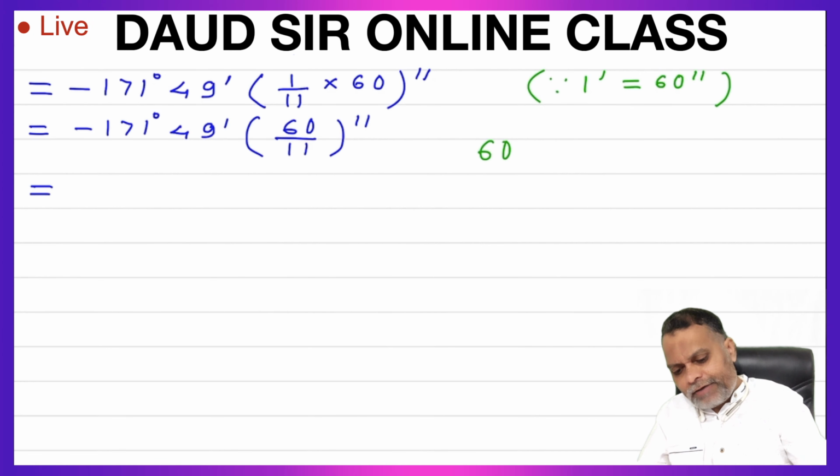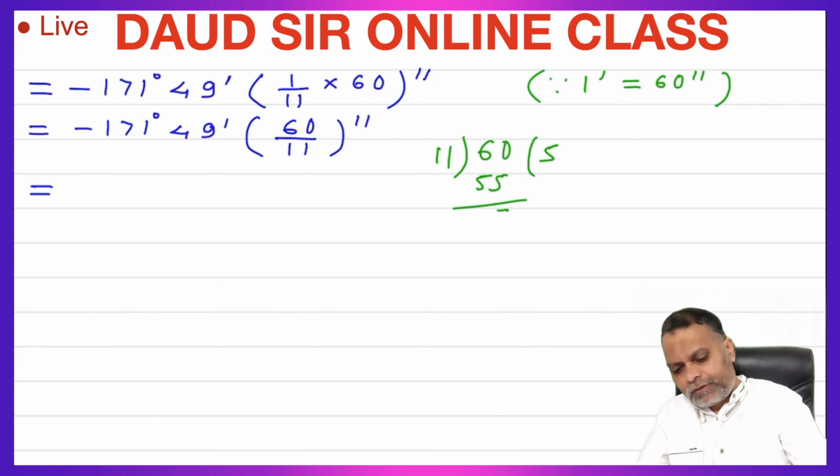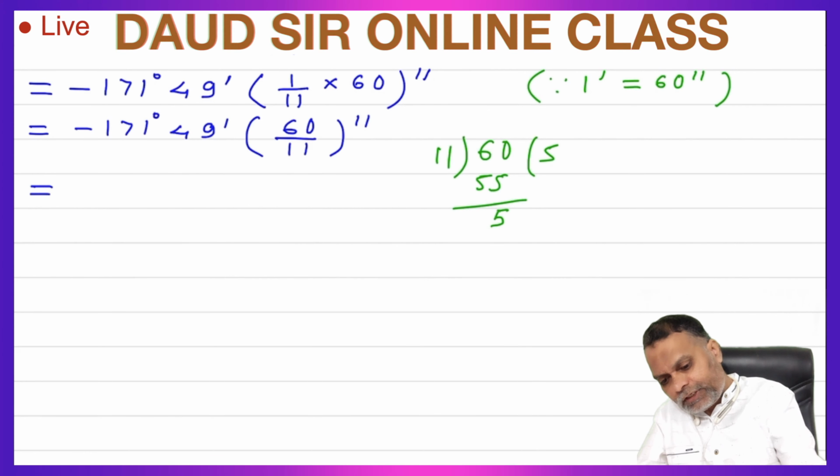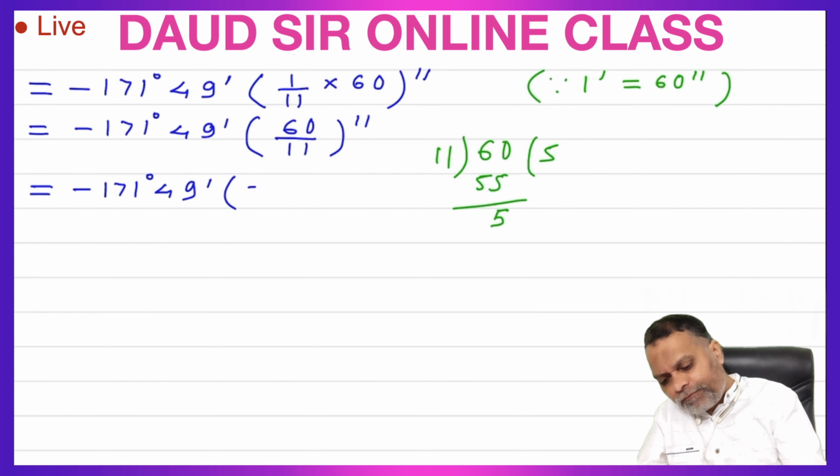Now divide this 60 by 11. 11 5s are 55, remainder 5. Bring down this 5. So 60 upon 11 second we can write as 5 second and 5 by 11. So which is equal to minus 171 degree 49 minute, and this is 5 and 5 upon 11 second.